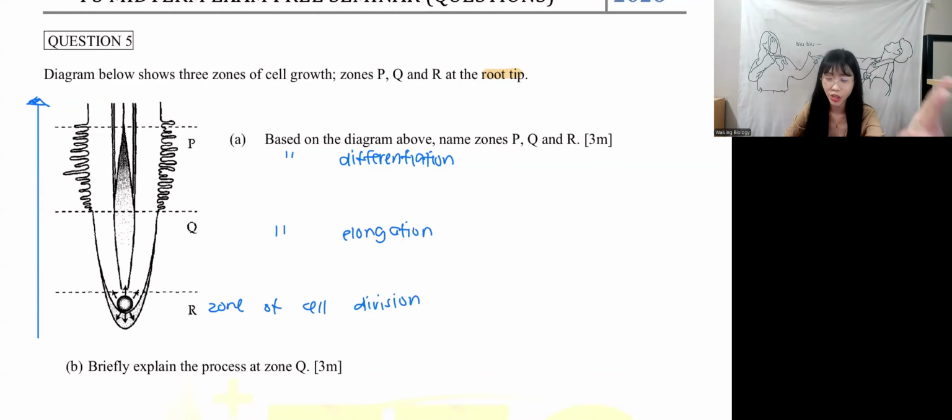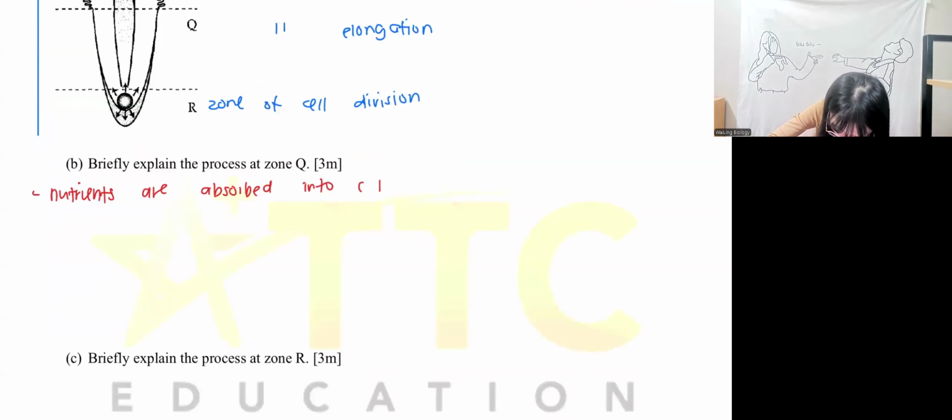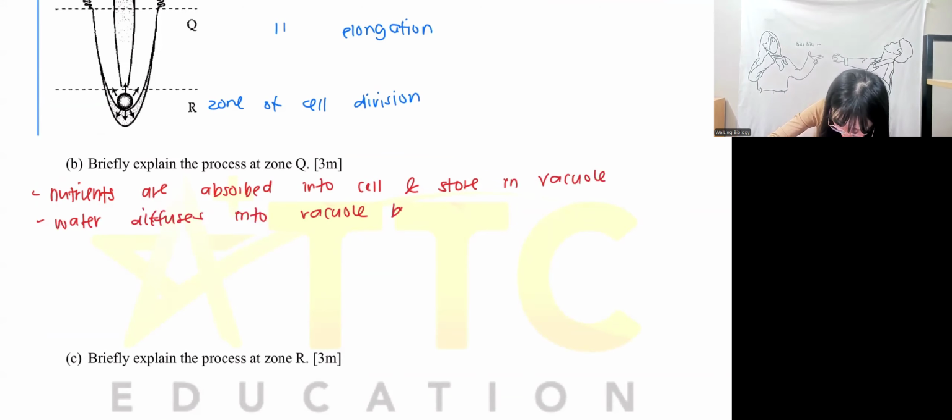I'll write 4. So nutrients are absorbed into cell and stored in vacuole. Next, water diffuses into vacuole by osmosis.